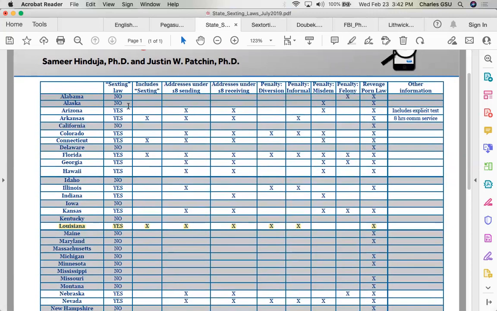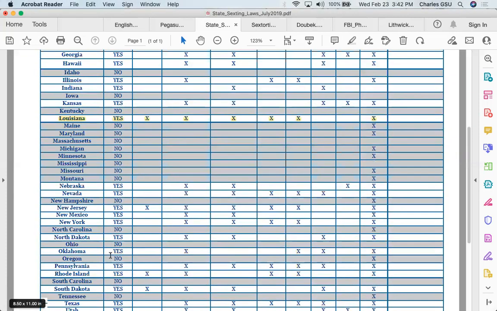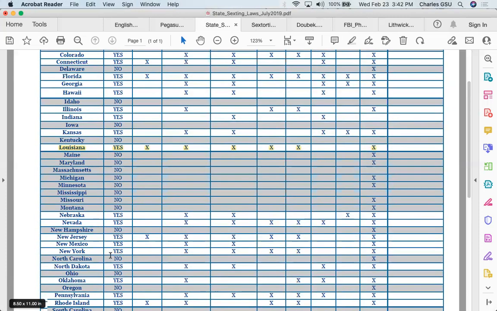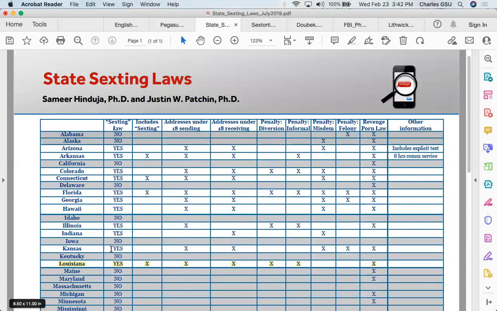But notice how many right here, under sexting laws, right? This first column, how many do not have sexting laws? How many states? It's quite a few. More and more since 2019 have actually been including sexting laws, including something known as sextortion. Excuse me. So that's just taking the word sex and extortion and jamming them together, making a portmanteau, a new word.